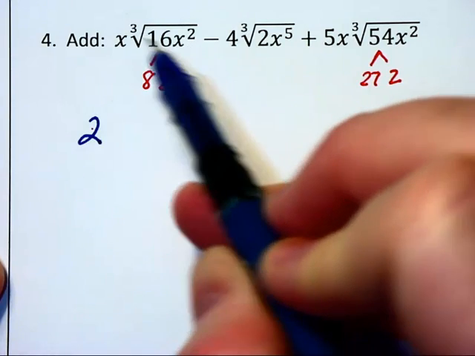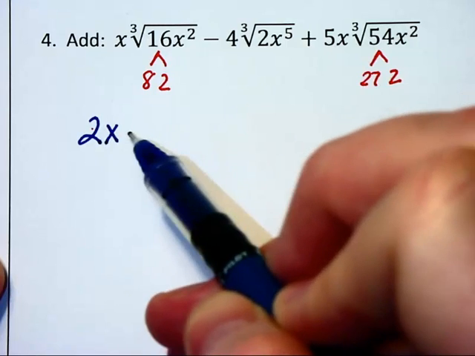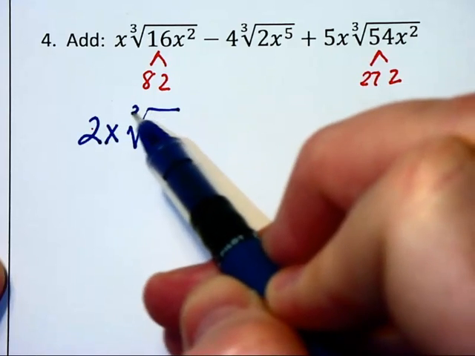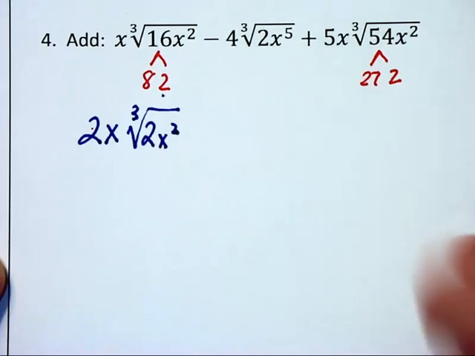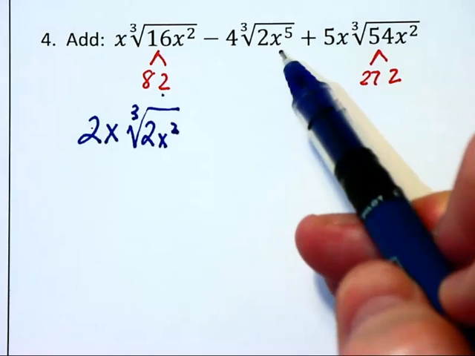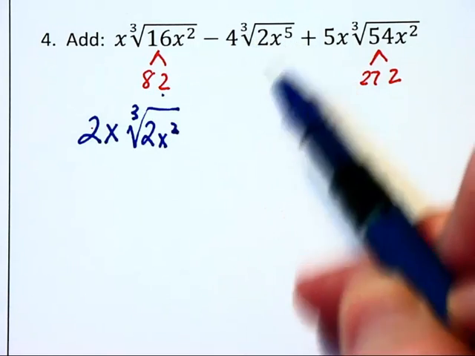X squared cannot come out of a cube root, so I already have an x outside. I now have the cube root of my leftover 2 times x squared. For this next one, I've got a 5 of a kind with the x's, and I need to take 3 of those out.